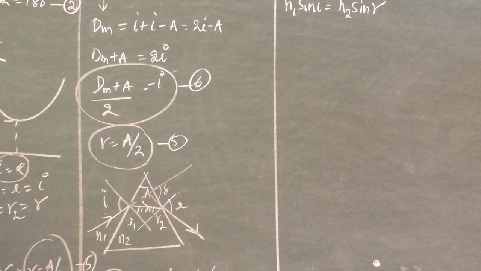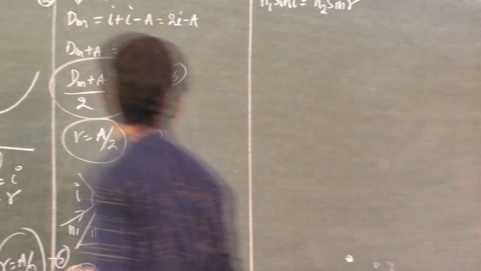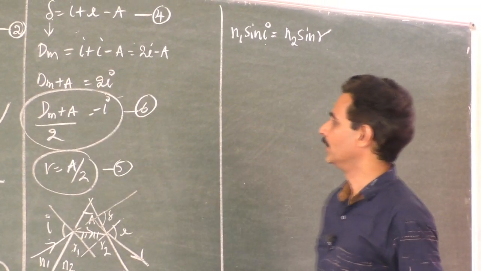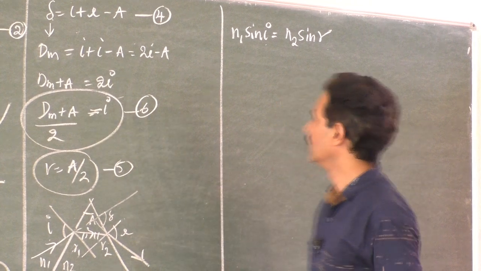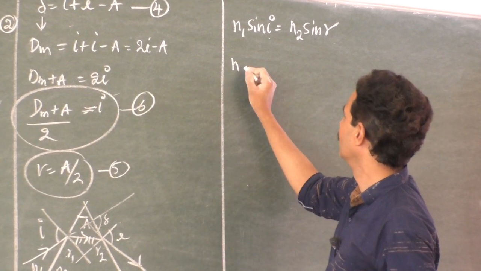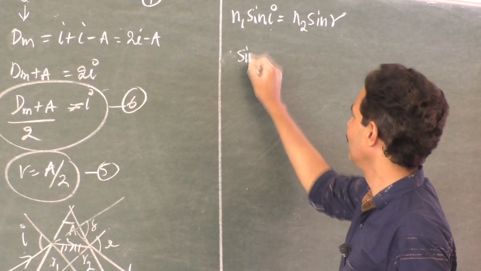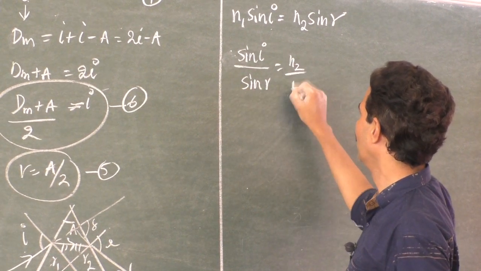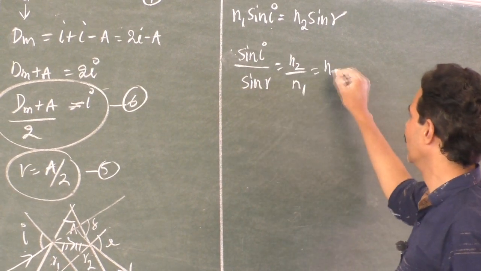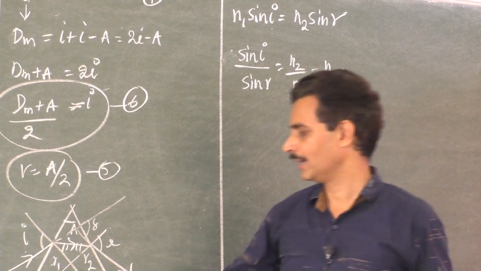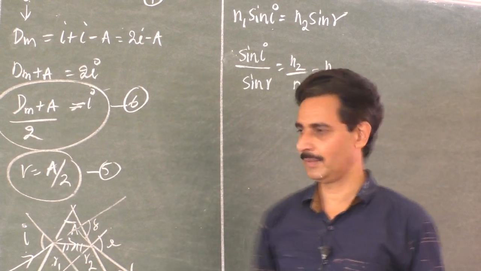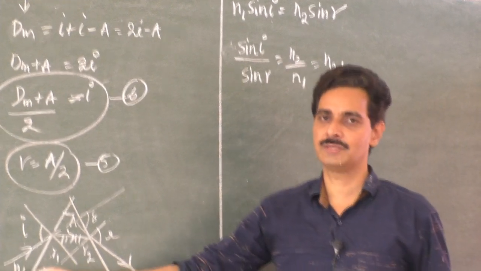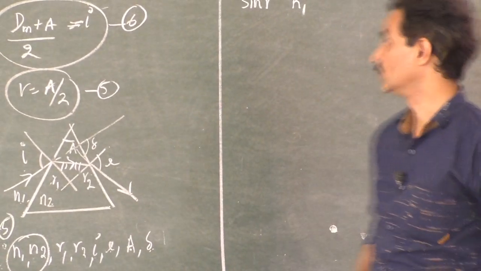And what is I? I is A plus dm by 2. This is I. And sin I by sin R is equal to N2 by N1. And you know that this is N2, the refractive index of the second medium with respect to the first medium. Right? Refractive index of the second medium with respect to the first medium, that is N21.